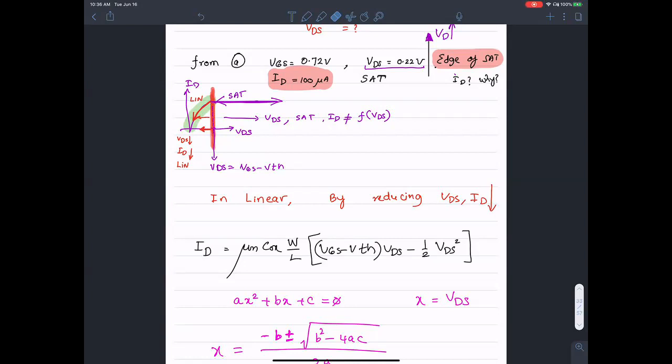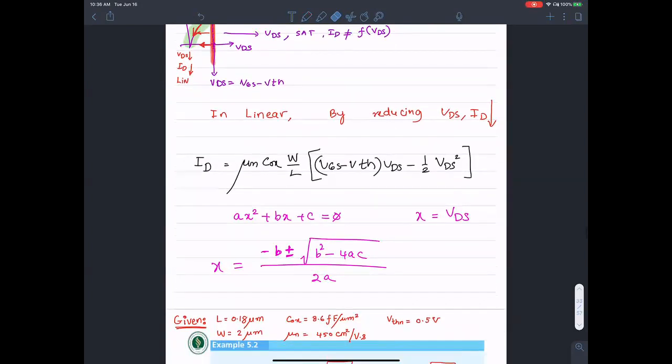Okay, if you don't have questions, I'm going to have a question for you. I'll give you the two answers that you would expect for VDS here. The solution of this should have two values, right?